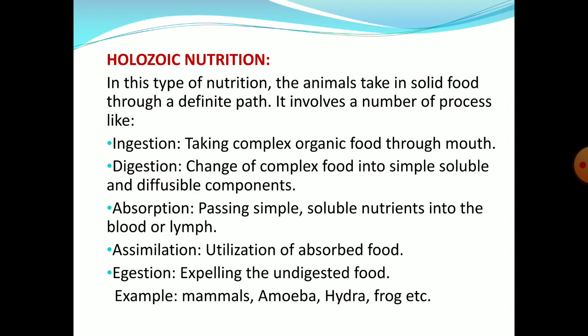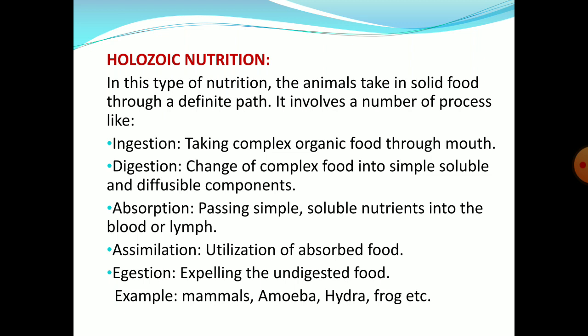Last topic is about Holozoic nutrition. In this case, animals take in solid food through a definite path, and it involves a number of processes like ingestion, digestion, absorption, assimilation and egestion. Ingestion means taking complex organic food. In digestion, complex food is broken down into simple, soluble and diffusible components.